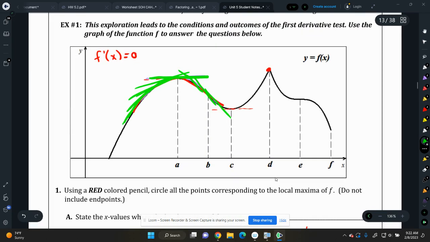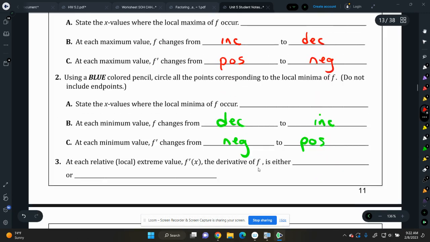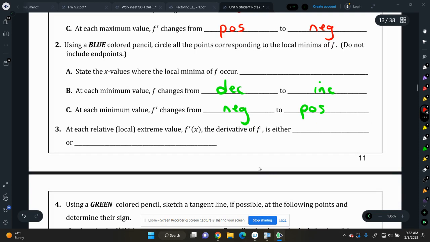At each relative local extreme value, f prime is either 0 or undefined.